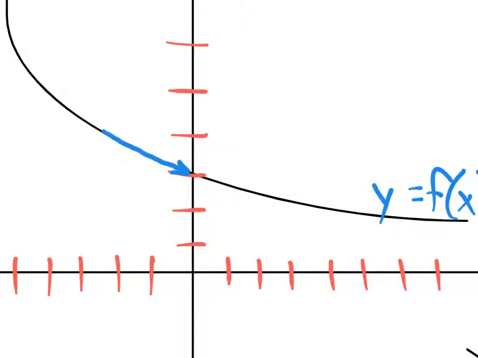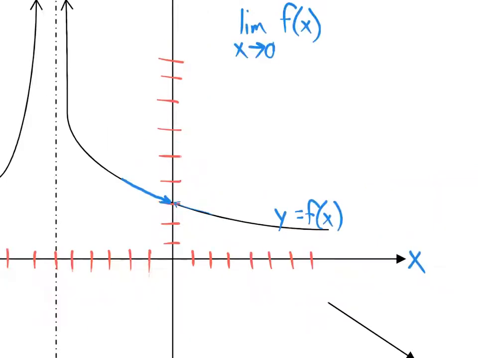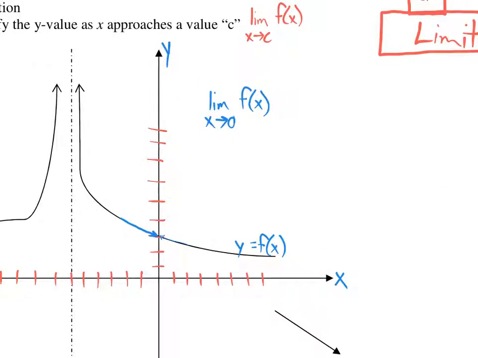What y value is it approaching? 3. As we come from the right-hand side, what value are we approaching? 3. So we would say that the limit as x approaches 0 of f of x equals 3. In this case, it happens to be that point right there at the point (0, 3).